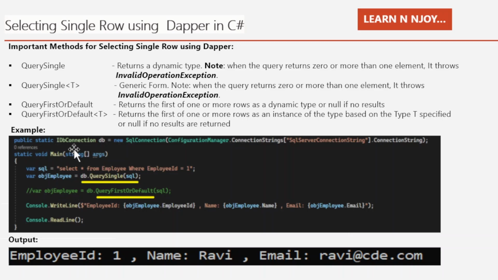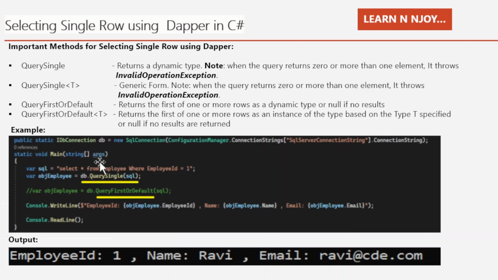If you see this example, I have created an instance of this IDbConnection, and that's what I have written: public static IDbConnection db is equal to new SqlConnection, and I'm fetching this connection string from the configuration file, and that's why I have used ConfigurationManager.ConnectionStrings["SqlServerConnectionString"].ConnectionString, right? So basically I have created an instance of this IDbConnection named db.